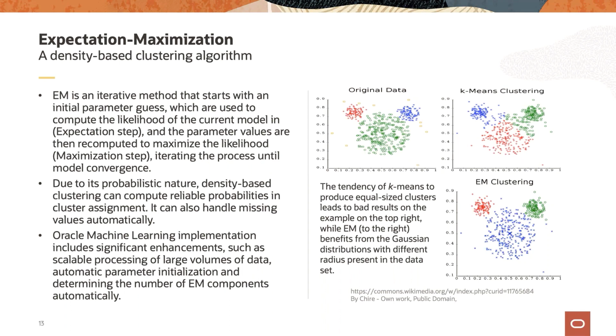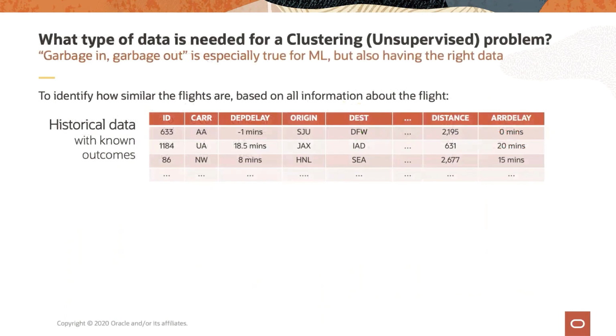So when you think about clustering, what kind of data do we normally expect? Well, the input data is typically this: you get historical data, any data set, any data you have comes in, but there's no such thing as a target, like we have seen in classification or regression. There's no target column. Basically, you're saying, I want to look at my data and see if there is a pattern here that I can identify from my customers.